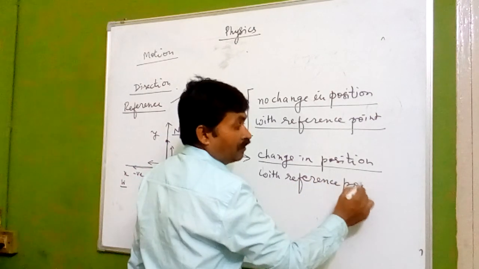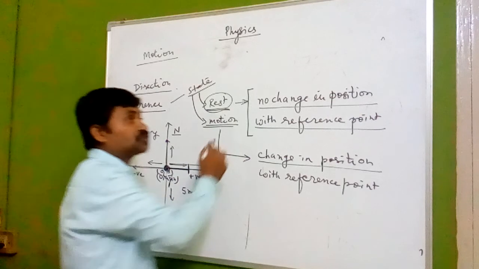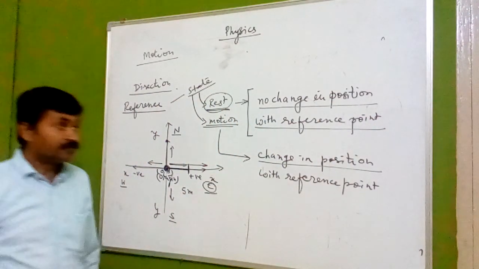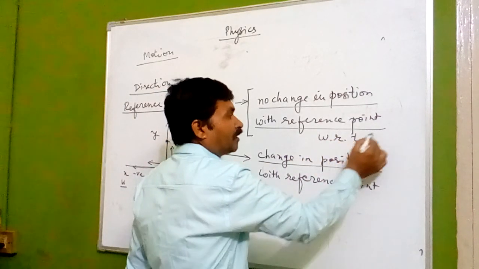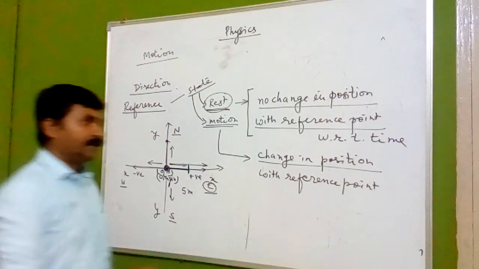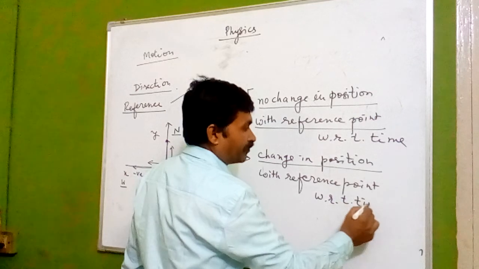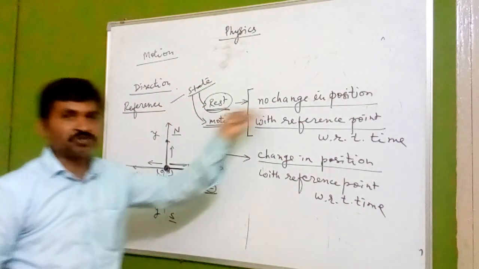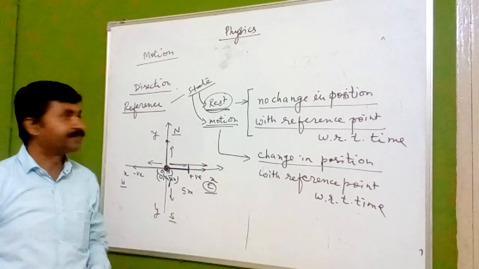But also we have to take into consideration the time. No change in position with reference point with respect to time. Similarly here, with respect to time. So state again, rest: no change in position with reference point with respect to time.